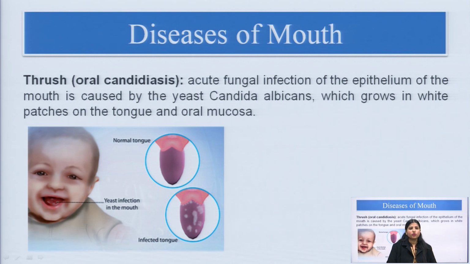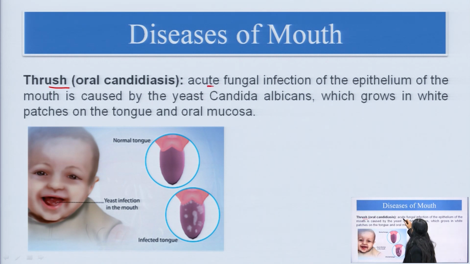Now, what could be the other infections or other diseases of the mouth? There is one condition, oral candidiasis. I think with the name we are very clear, oral candidiasis is very specific to the mouth, and candidiasis is a fungal infection. This is also known as thrush.